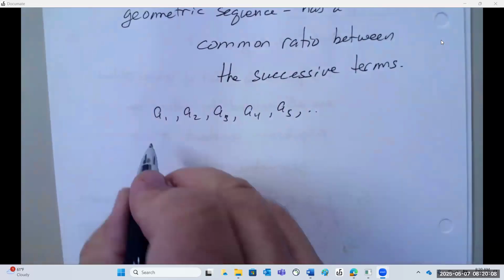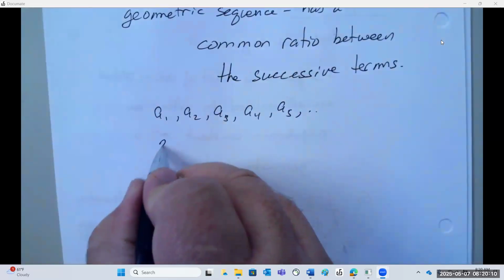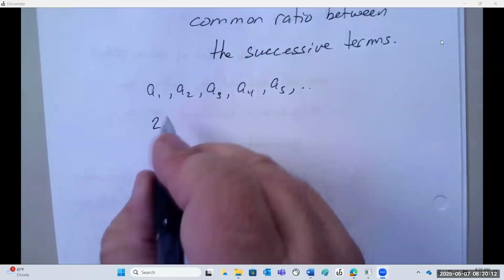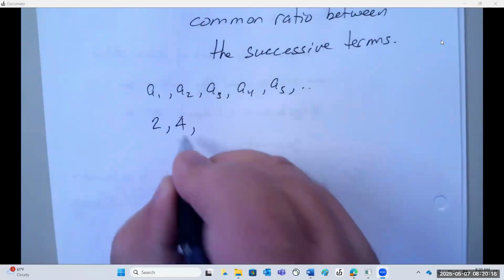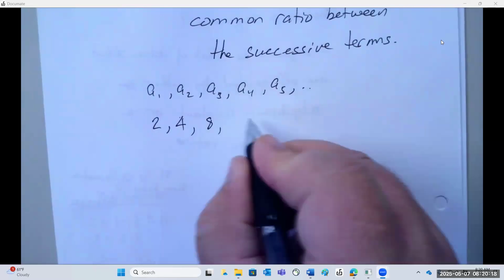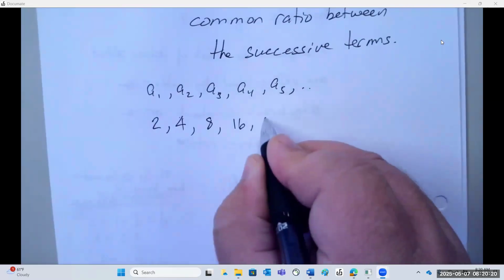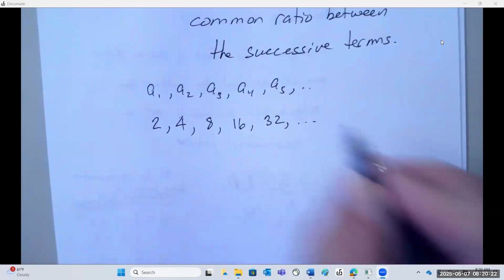So let's say the first term is 2. And the next one is 4. The next one is 8. The next one is 16, 32, and so on and so forth.